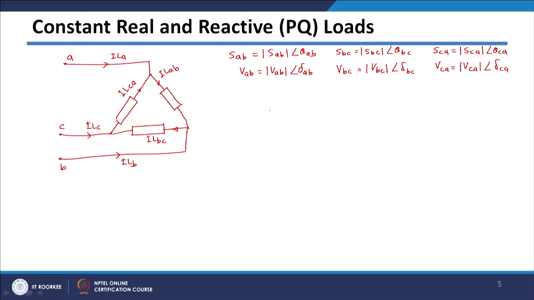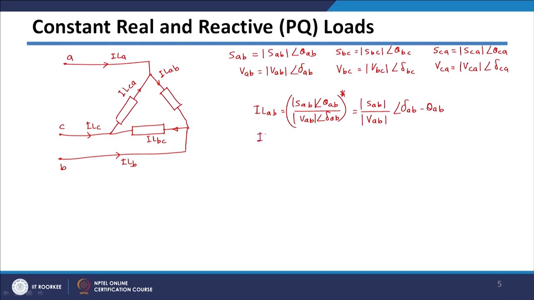And in this case also, we can easily write equations similar to what we have seen earlier. Your current ILAB will just depend upon SAB with angle theta AB divided by VAB with angle delta AB, these being magnitudes, and you have to take the complex conjugate of it, which will be equal to SAB magnitude divided by VAB magnitude, and its angle will be delta AB minus theta AB.